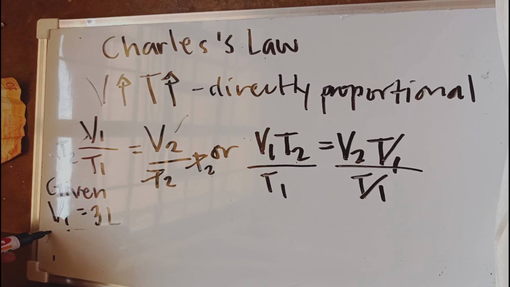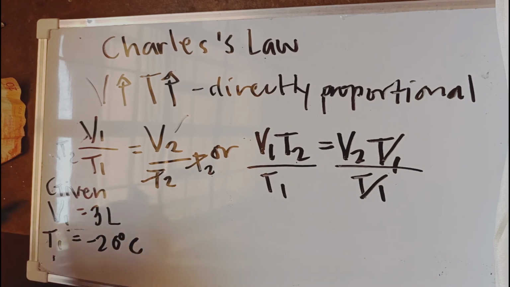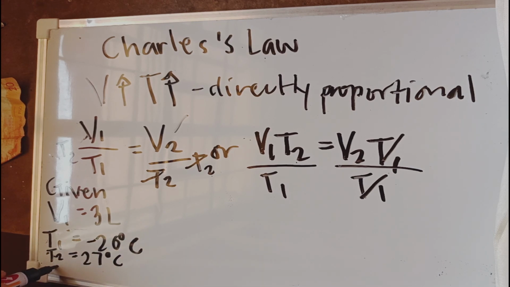Let's write the given. 3 liters of hydrogen is volume 1. The temperature 1 is negative 20 degrees Celsius. The temperature 2 is given also, which is 27 degrees Celsius. And your volume 2 is being asked.